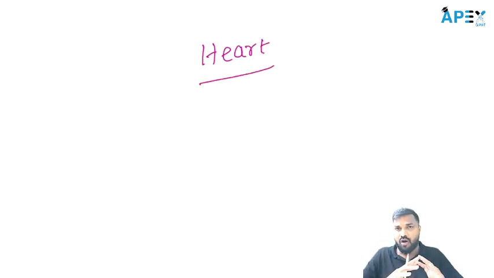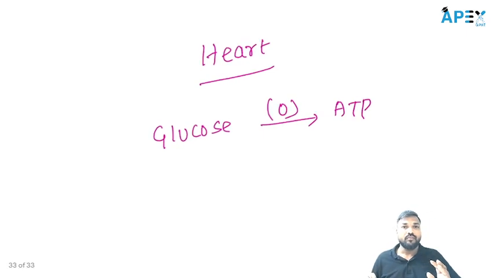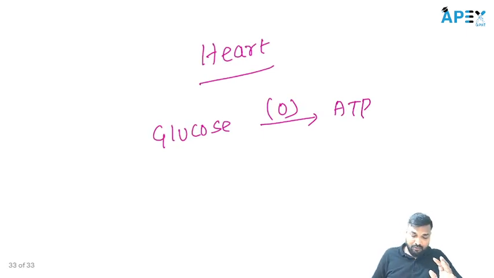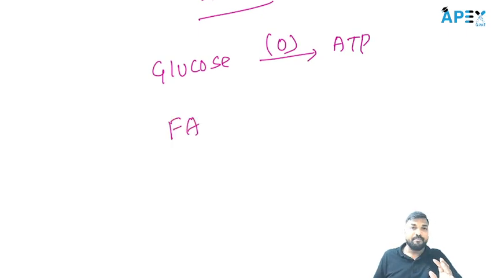In the fasting state, all organs, even the brain, utilize glucose, and this glucose oxidizes and produces ATP. But the heart is taking fatty acid, and the fatty acid oxidizes and produces ATP.